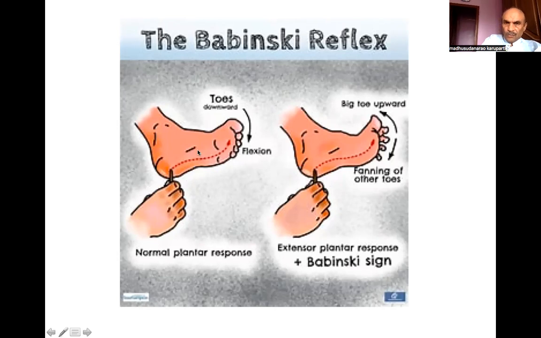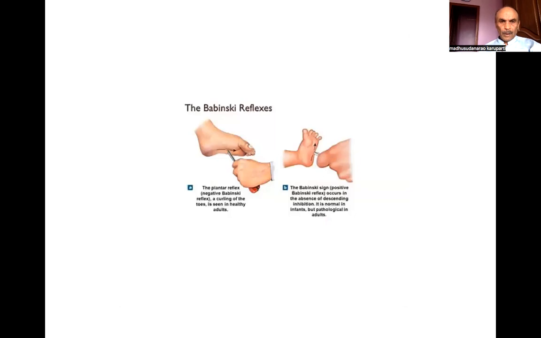The Babinski sign is said to be positive when there is extension of the great toe with fanning of the rest of the toes. This picture also shows the normal response, flexion, and the abnormal or positive Babinski sign with extension of the great toe and fanning of the rest of the toes.